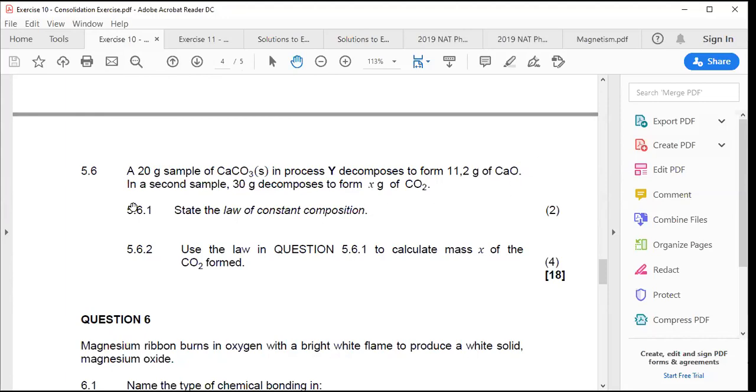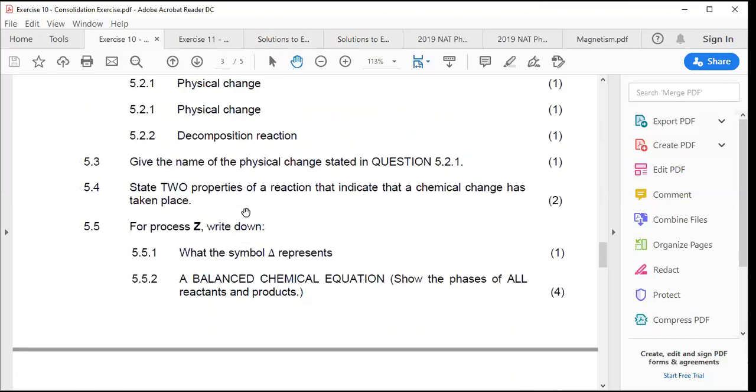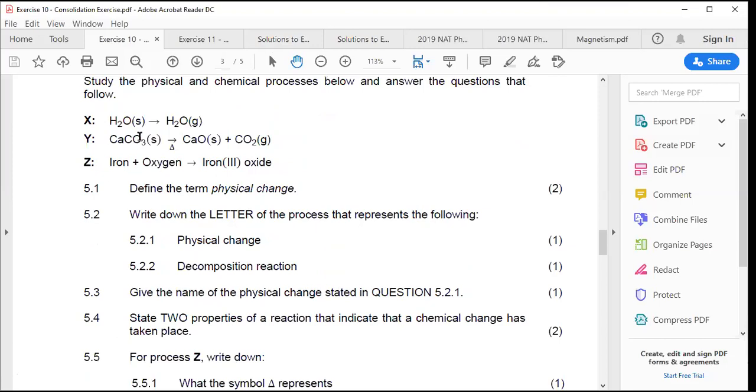In a second sample, 30 grams decomposes to form X grams of carbon dioxide. Calcium carbonate decomposes into calcium oxide and carbon dioxide. But the mass for carbon dioxide we don't have. We have the initial mass and we have the calcium oxide.